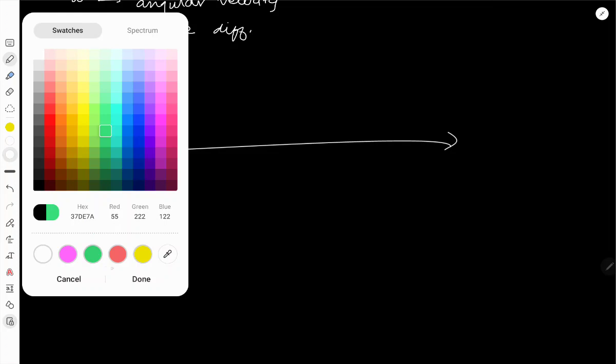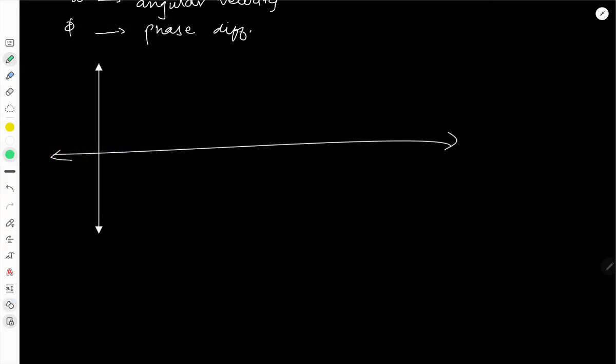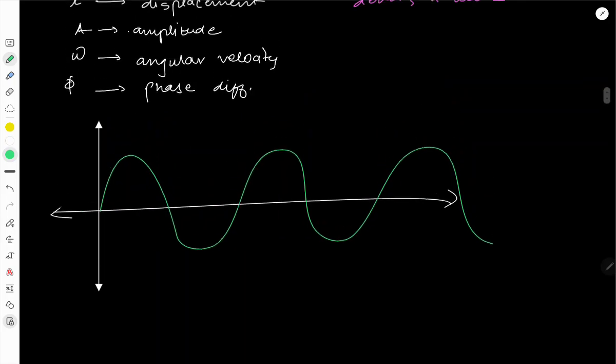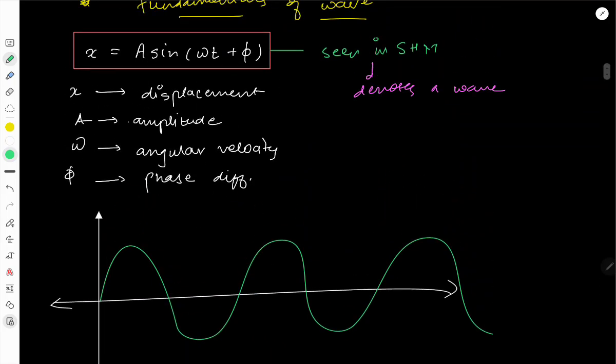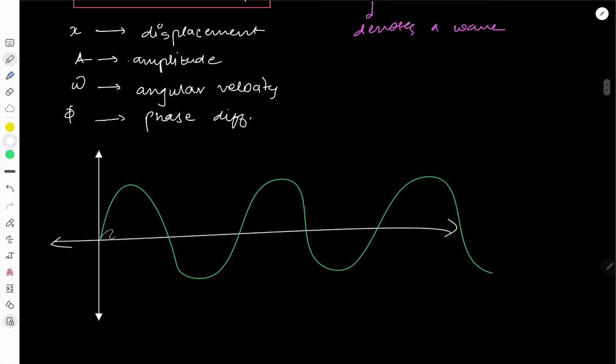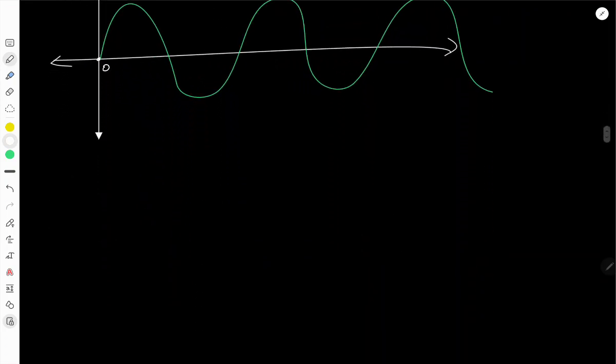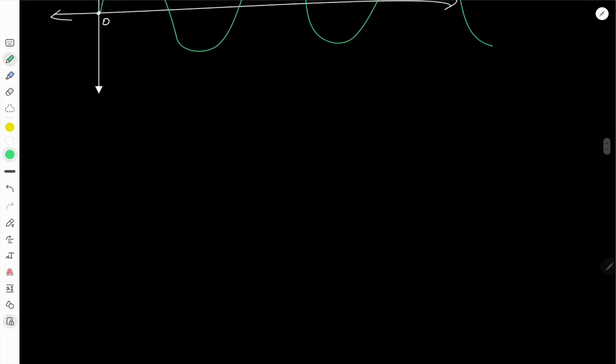I'll take another color, and this is a wave equation, and this is what it will look like. As it is a sine function, the function would start at 0, but it depends upon the phase difference.